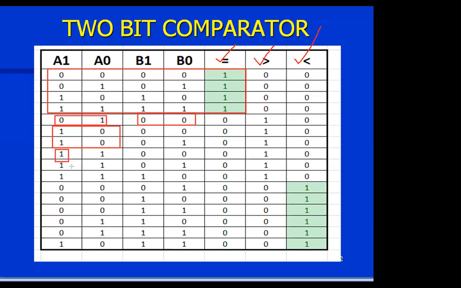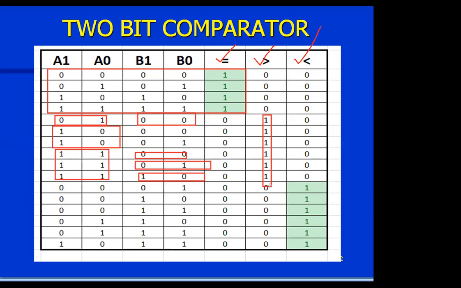Similarly, I took A value 3, that is A1 equals 1 and A0 equals 1. 3 greater than 0, 3 greater than 1, 3 greater than 2. 3 greater than 1 means 0 1, and 3 greater than 2 means 1 0. For these conditions, the output A greater than B equals 1. Look at all these possibilities.